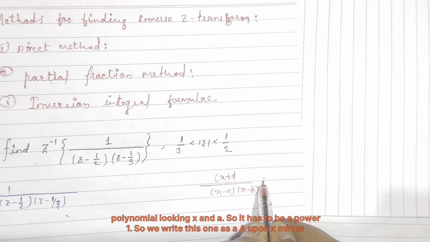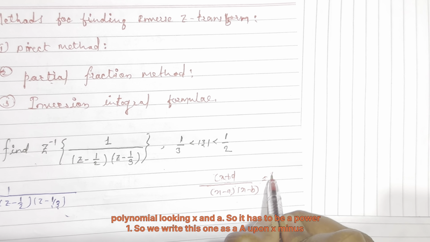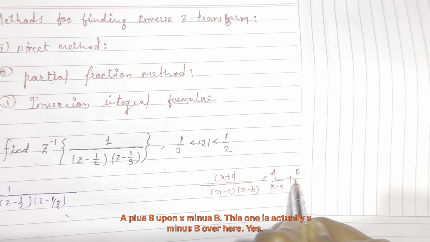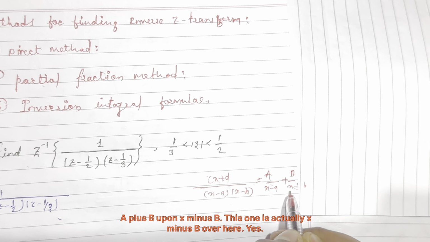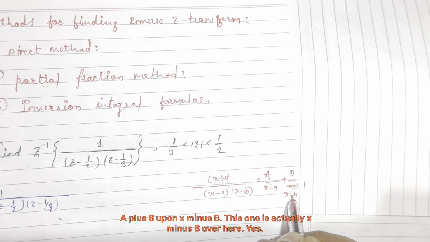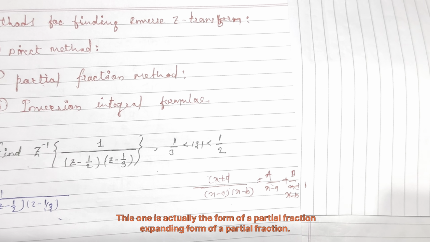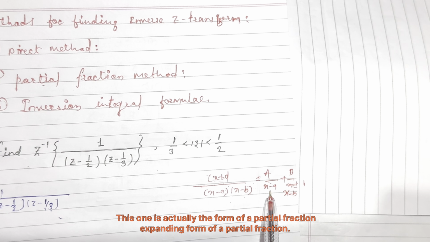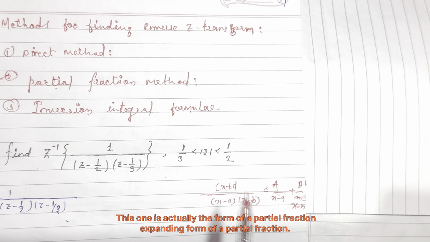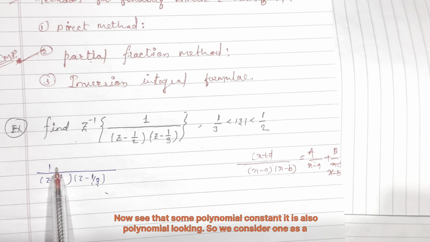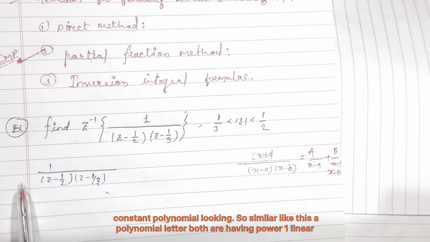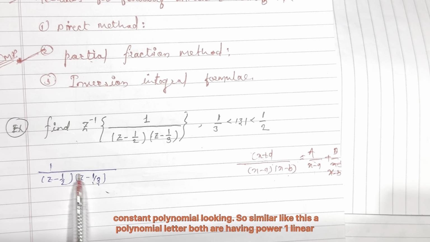So we write this as a upon x minus a plus b upon x minus b. This is the expanding form of a partial fraction. A constant is also a polynomial, so we consider 1 as a constant polynomial, with both denominator factors having power 1, linear.